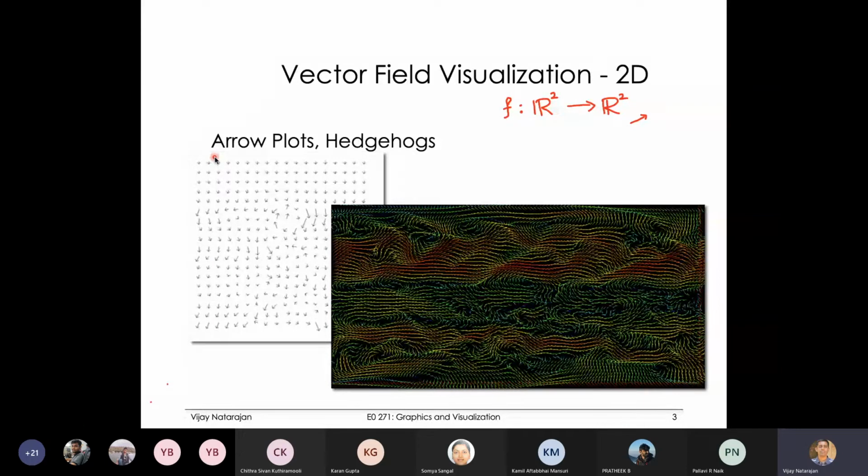The color could also be used to indicate magnitude. So these are obvious visualizations, not much to think about here, but of course there are limitations. For example, as the data becomes large, you really are not able to make much sense out of this visualization.